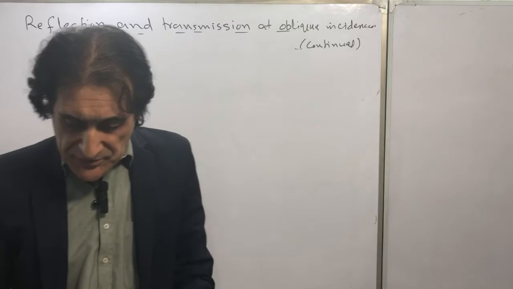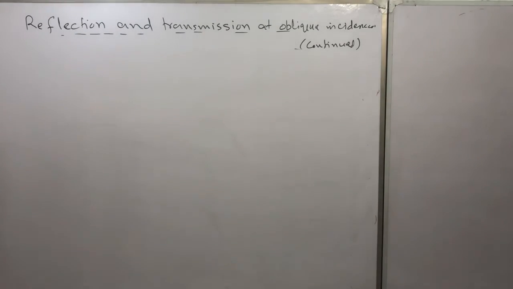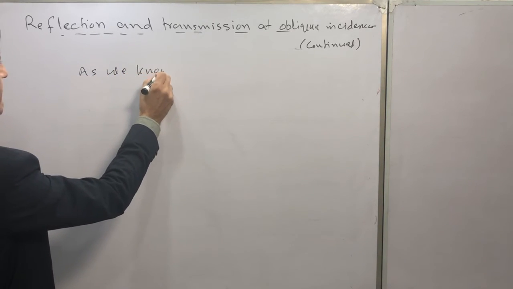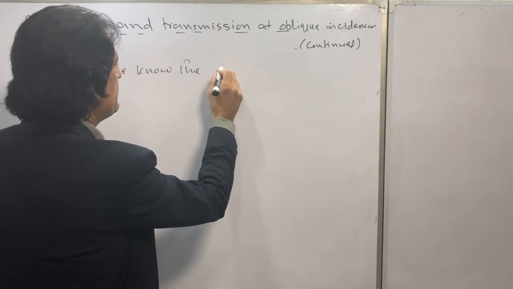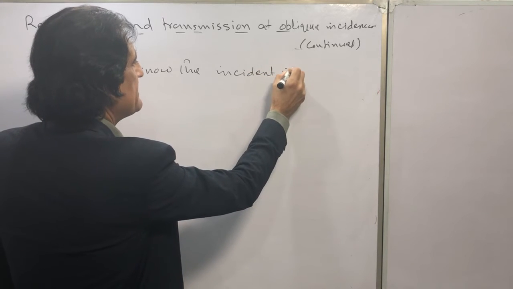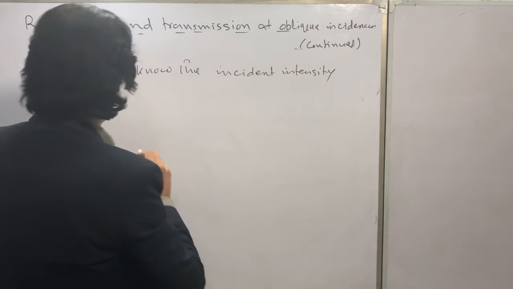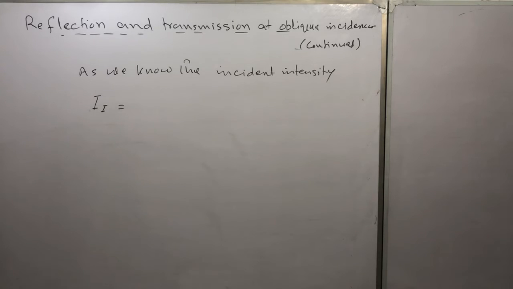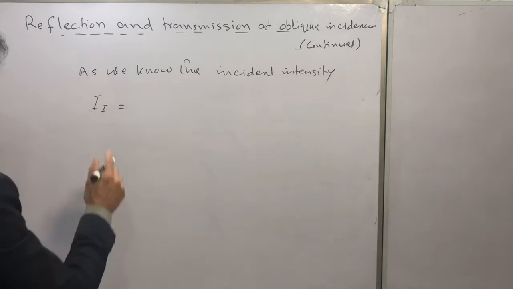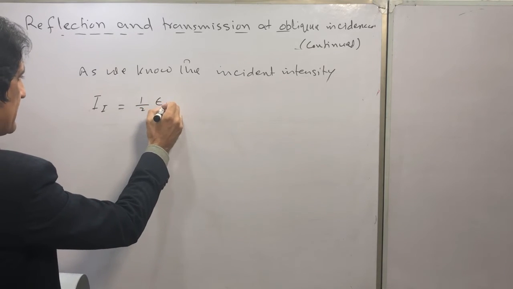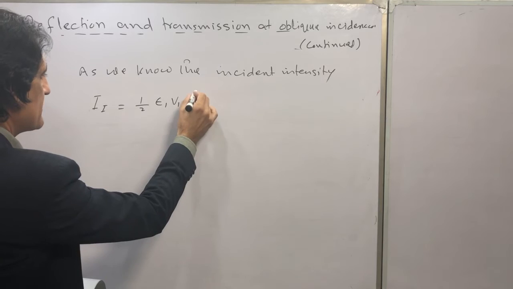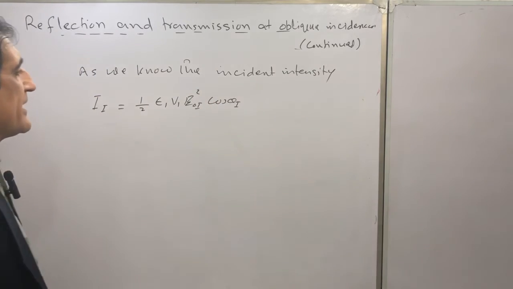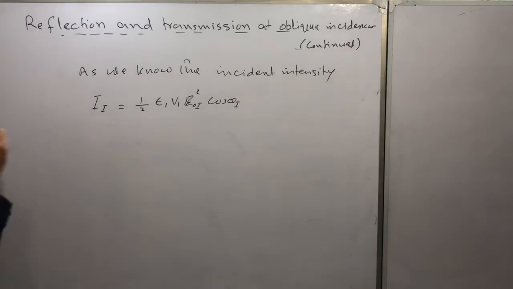Now to know about the power per unit area striking the interface, the intensity is, we know, the incident intensity of the wave, II, which is equal to, because it makes an angle of theta, then we can say that this will be equal to 1 over 2 epsilon 1 v1 E naught I square and cosine theta I. So this cosine must be included in the intensity.